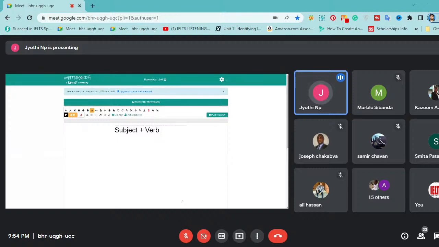Then we use the remaining part of the sentence, sometimes called the object. Not all parts will be an object. An object is related to a noun or a pronoun, and it comes at the end of a sentence.